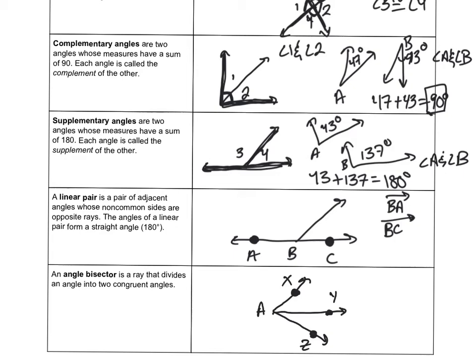So the bisector makes XAY and YAZ congruent. An angle bisector is a ray that divides one whole angle into two congruent angles, kind of like the midpoint that we looked at in 1.3. But now we're dealing with an angle bisector, so it bisects one angle into two congruent angles. We would say that the measure of angle XAY is congruent to the measure of angle YAZ.